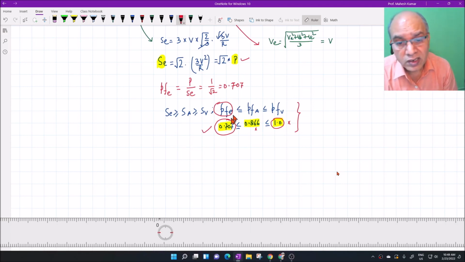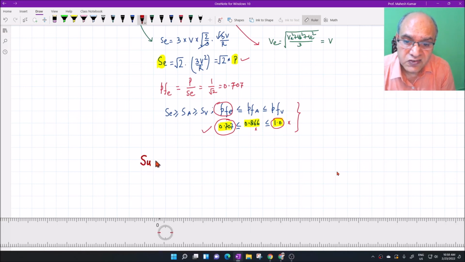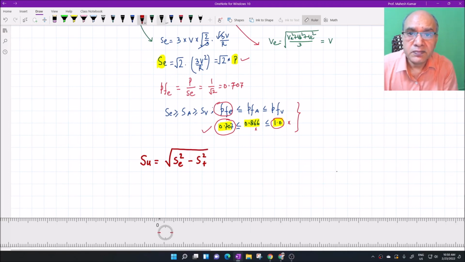Now there is one more concept here, and that is basically about the positive sequence powers and the unbalanced power. Okay. So I will just define it. The term unbalanced power SU is defined as SE square minus S plus square. Based on the effective apparent power, we define the term unbalanced power.